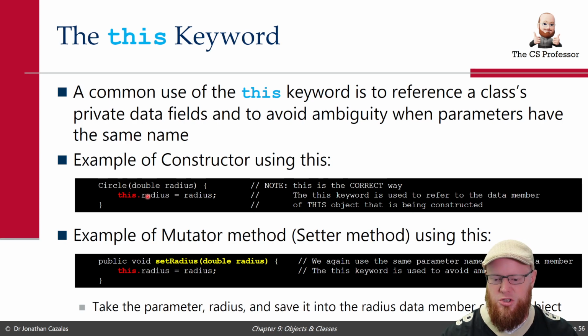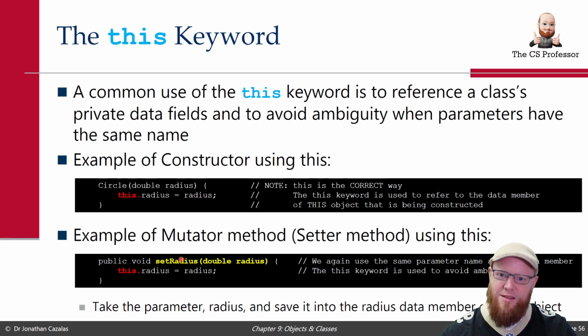And in that same vein, for the setter method, for the set radius, when we send over this radius value, we should use the same name. And this once again says, take this parameter radius and save it into the radius data member of this particular object. Which object? The object from which we called the set radius method, right?